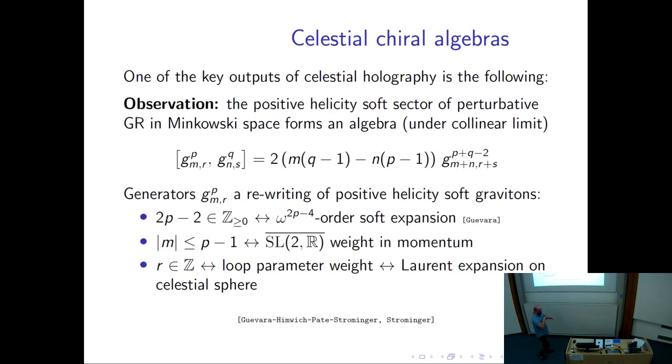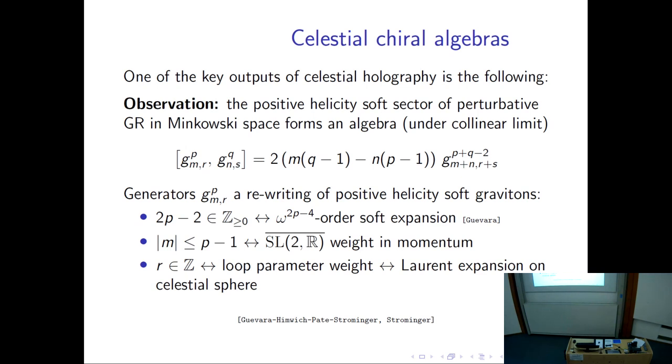I mean if you had a Fourier basis of positive helicity linearized graviton perturbations, and you computed S-matrix elements involving these, and you expanded them to all orders in the frequency, that's what I mean by the set of positive helicity soft gravitons. These things form an algebra under collinear limit. And this algebra, if you hit it with a hammer and redefine the generators enough, takes this remarkably simple form.